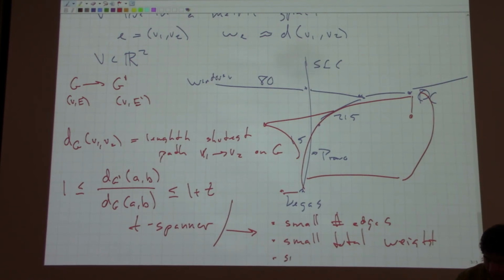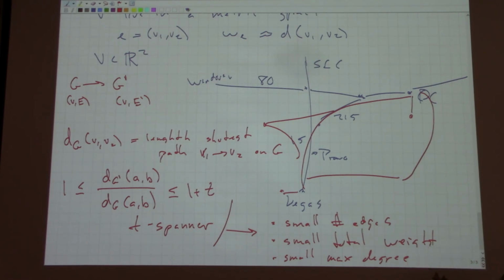a small max degree. Sometimes you'll actually change edges, or you'll add edges, or you'll start with graphs that have a lot of edges in them, and I'll explain why that would make sense. And you want the maximum degree to be small.